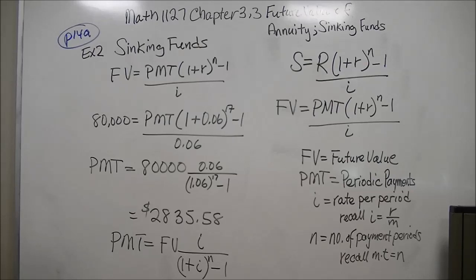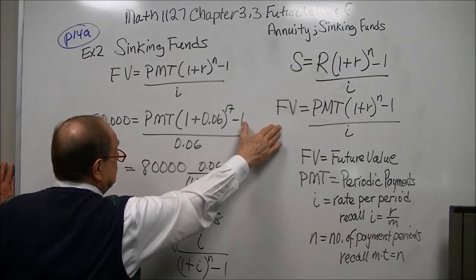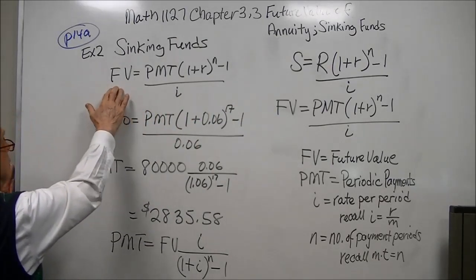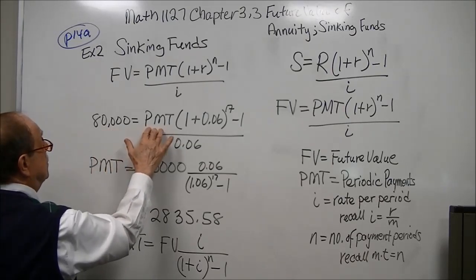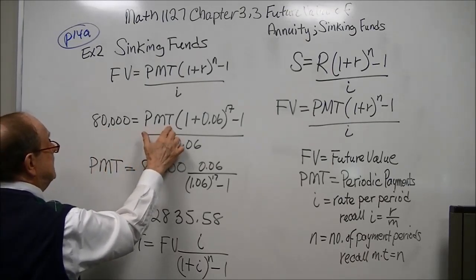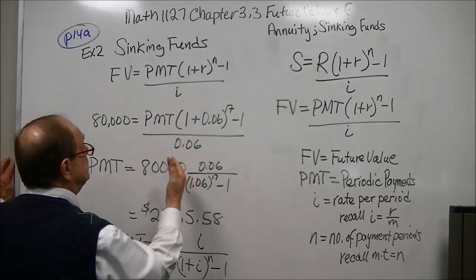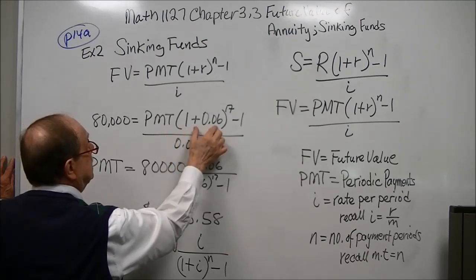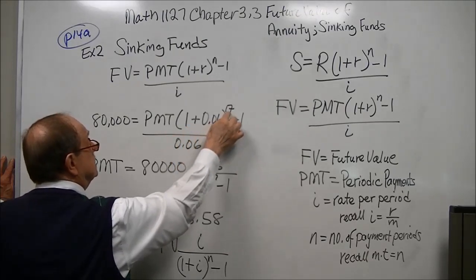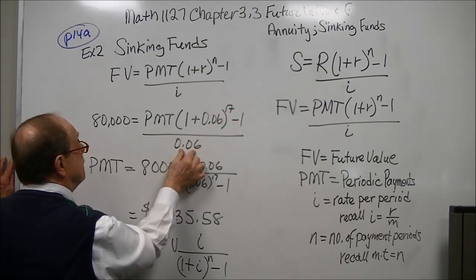And the answer is, well, you would use basically the same formula we've been using, but now we know the future value is 80,000. What we don't know is the PMT. So we start putting information in, which we get our interest, 17 years, and there's our interest again.